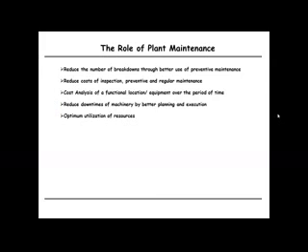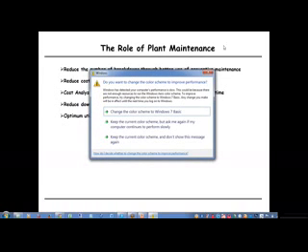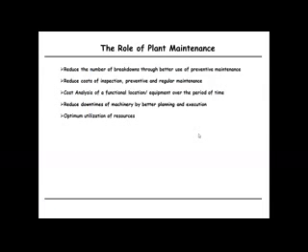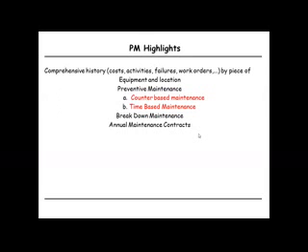If you want to measure for a 1 year period, what expenditure is spent for the particular location or equipment, we can measure the cost. And reduce downtime of machineries by better planning and execution, and optimum utilization of resources. That means the plant maintenance resources we have, how we are utilizing them. These are the basic factors for the implementation of the plant maintenance module.